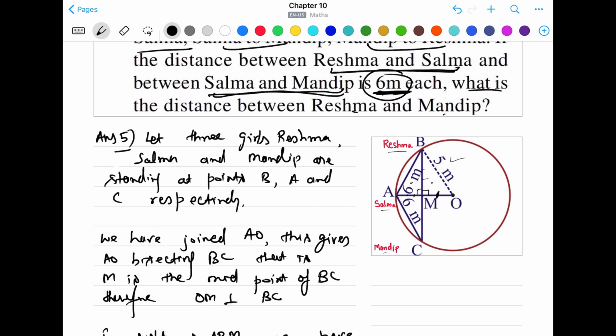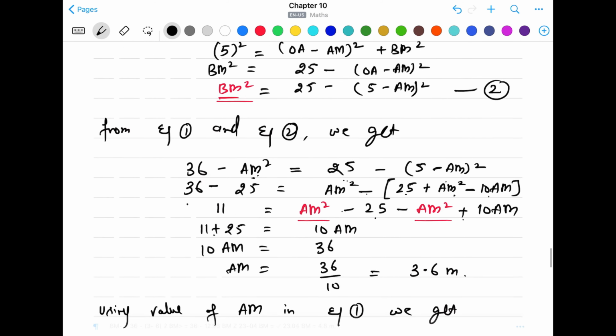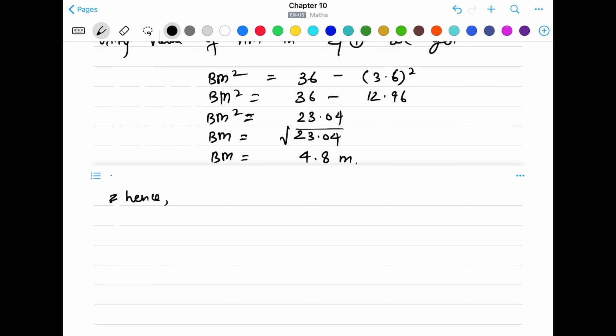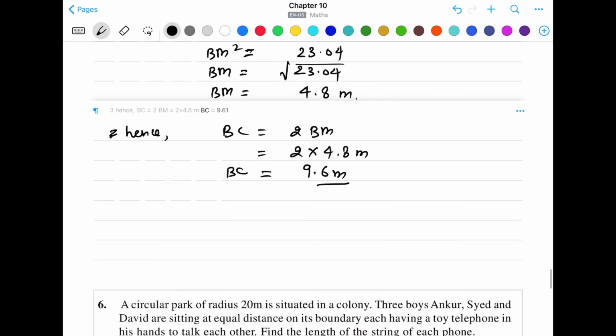BM is this part, and we have to find the whole length BC. Hence BC is equal to twice of BM, that is 2 into 4.8 meter. This will give us 9.6 meter as the length of the BC.